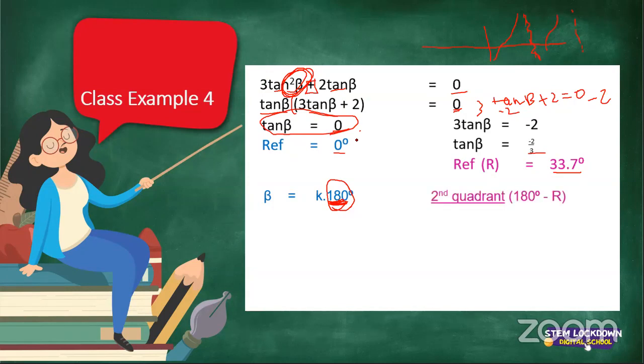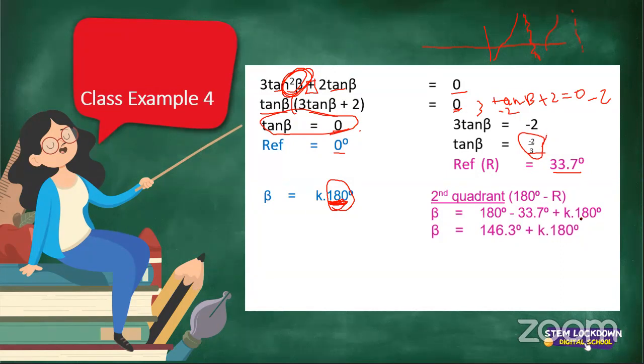For our second tan equation, where we came to a reference point of 33.7, we know that tan is negative. And tan is negative in your second and fourth quadrants. So we will apply our reduction formula as always, where we come to a beta of 146.3 degrees plus k times 180.